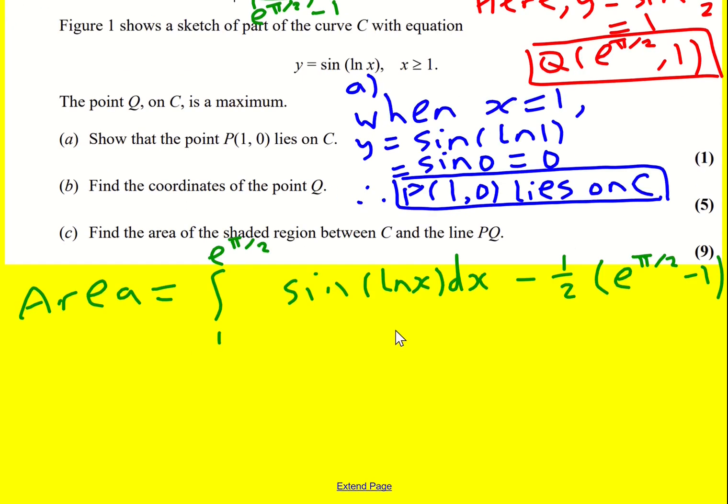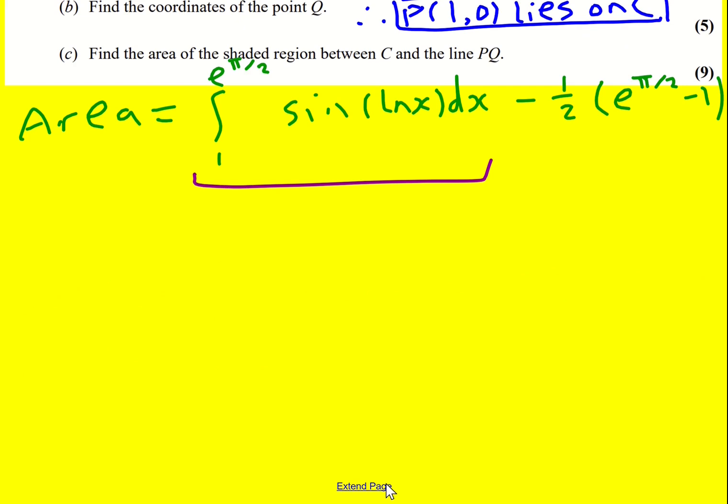So let's just focus on the integral. And maybe we'll do the limits in a bit. The main bit is going to be just to try and figure out how to deal with this. We have a function inside a function. It's likely to be some sort of substitution, I think.